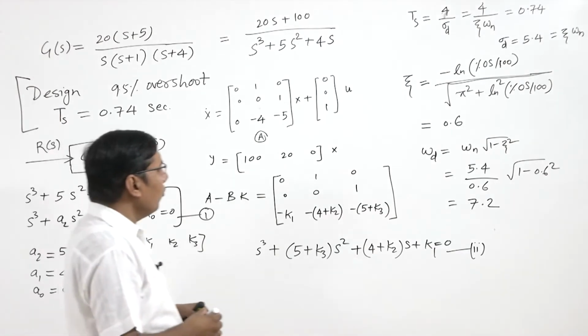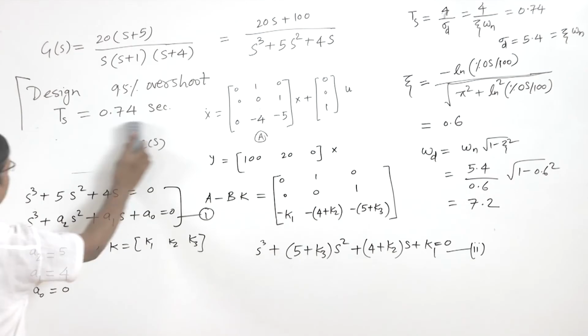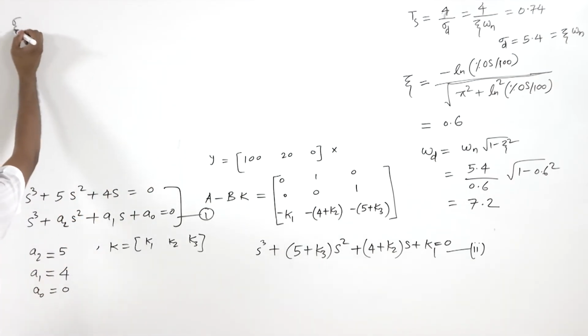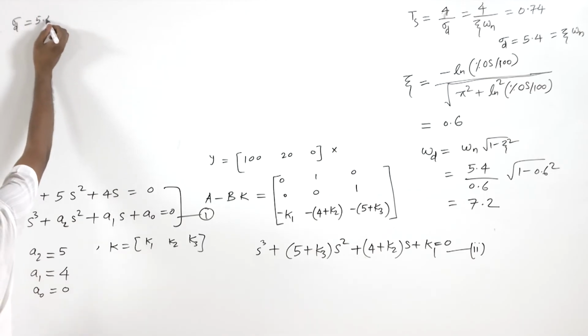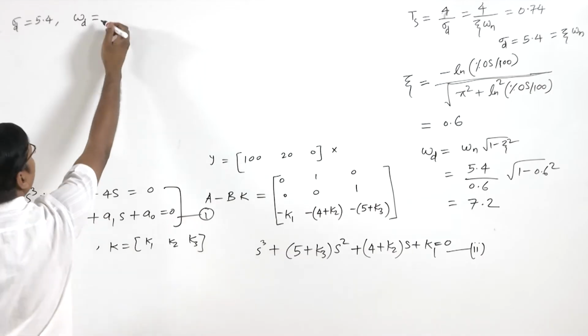So now we obtain that sigma d equal to 5.4 and omega d equal to 7.2.